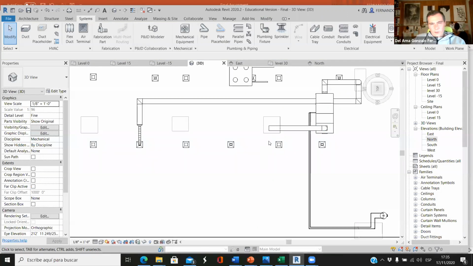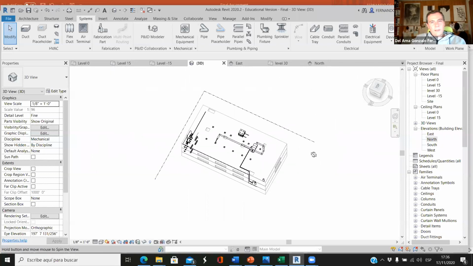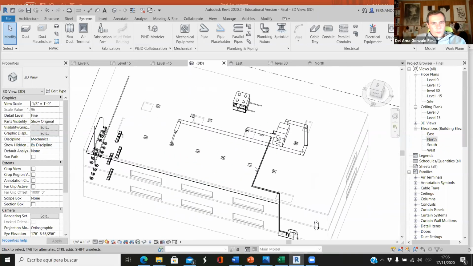Well, I'm not sure how to do this. We have shafts, so we can have a vertical one here and connect this, or we can have a vertical one here, and then we can connect all those. I don't know, you have to figure out. But that's the idea. Now we are not free, and we need to work.